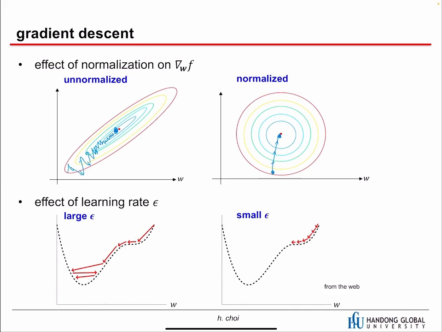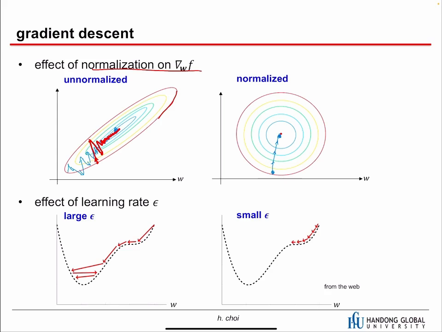So when the gradient is not normalized, then this one is a contour of the gradient. So if we are here, then the gradient is actually orthogonal to this contour. So we will move to this direction. And if we're here, then the next direction is this, and this, and this. And eventually we can converge to the point.